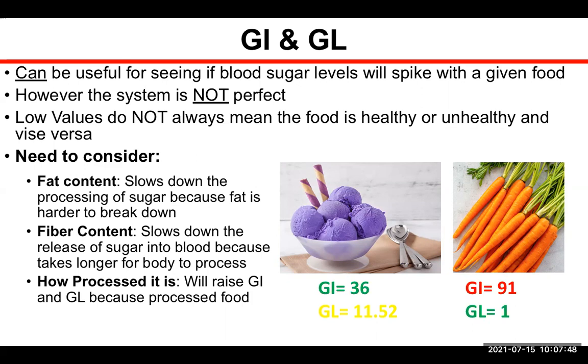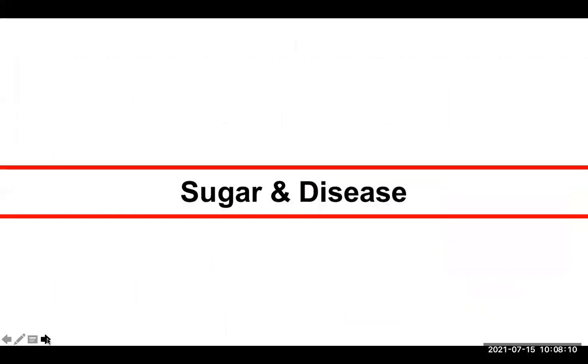So when you actually account for the amount of fiber that's present, since the majority of it is fiber, the glycemic load is going to be 1, which is quite healthy. So consider this when you're looking at some of these numbers, if you're trying to figure out whether you should be eating a food that has any of these respective values.